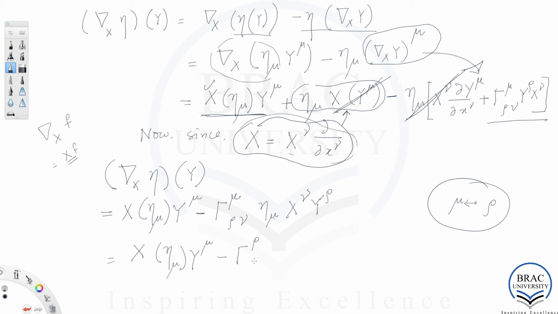So I have rho here, mu down here, mu here, then I have eta rho, then x mu again, then y rho becomes y mu. So that now I can factor out y mu from this expression to have x acting on eta mu minus gamma rho mu mu eta rho x mu times y mu.